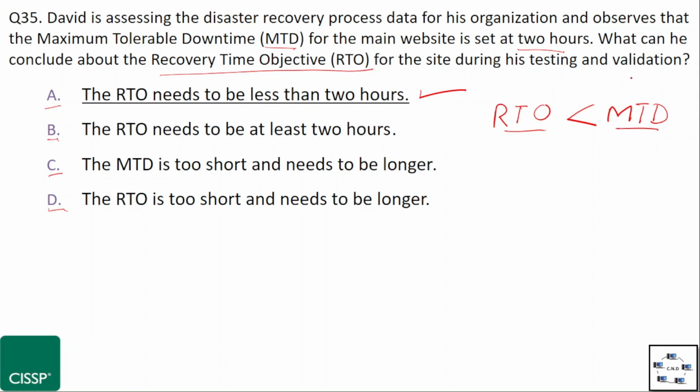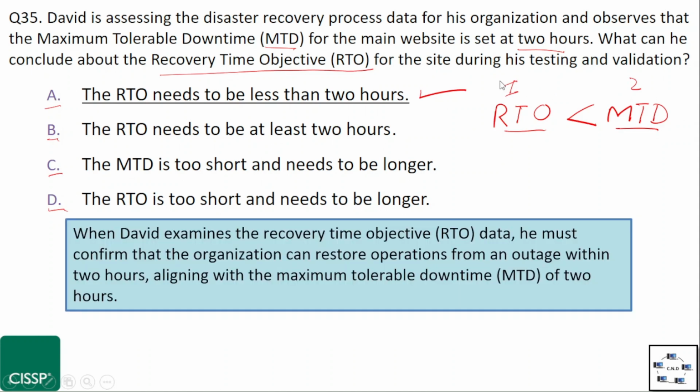If MTD is 2 hours, you need an RTO of less than 2 hours, such as 1 hour. The explanation is that when David examines the recovery time objective data, he must confirm that the organization can restore operation from an outage within 2 hours, aligning with the maximum tolerable downtime of 2 hours.